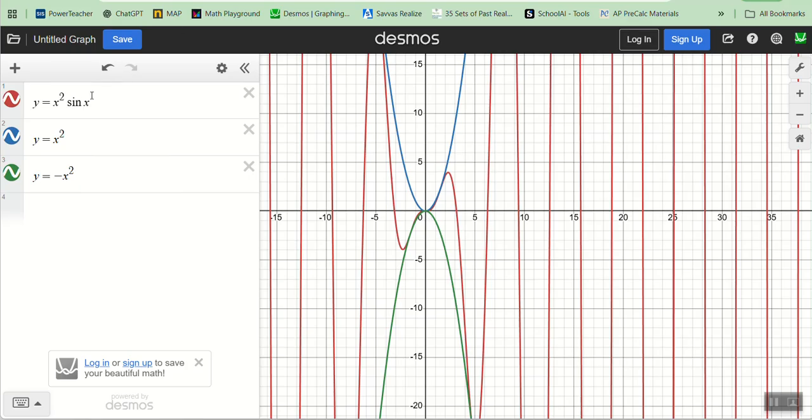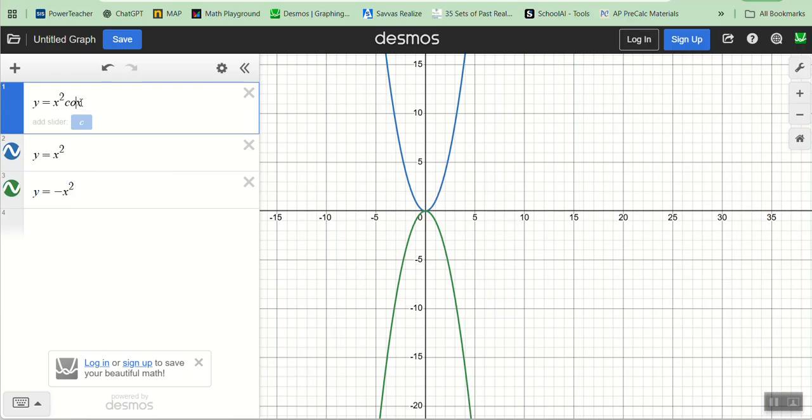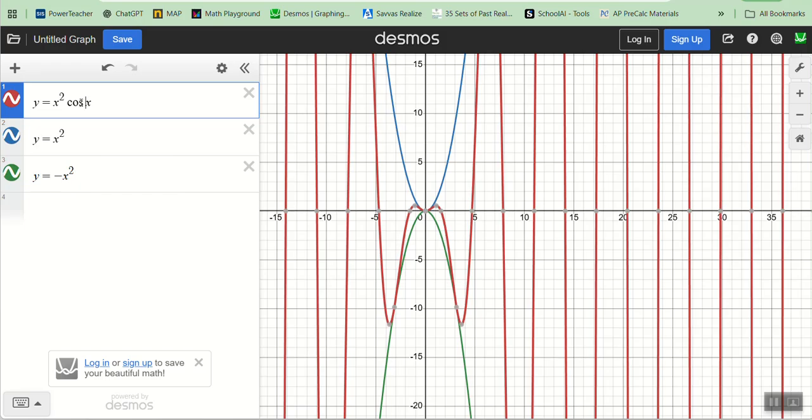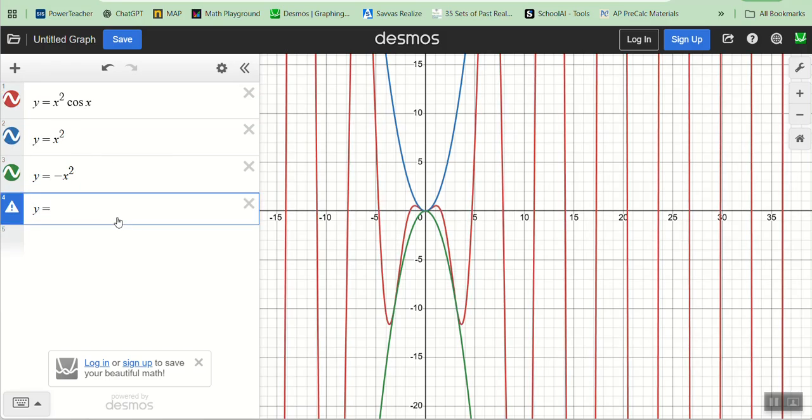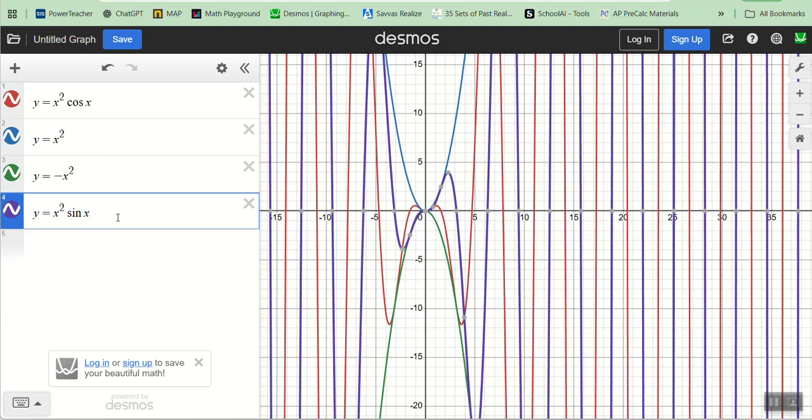What's 0 times 1 going to give me? So it is weird because it tweaks everything. But if we make this cosine, it happens to start at 0 as well. And I'll put the other one back up just so we can see both of them. We are still stuck between those parabolas, but we have to adjust. And that's the hardest part, being able to adjust. Now it gets a little bit too much to look at.